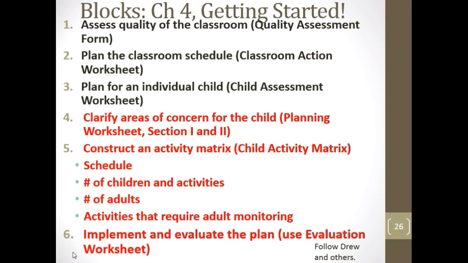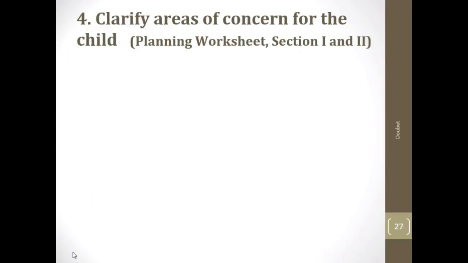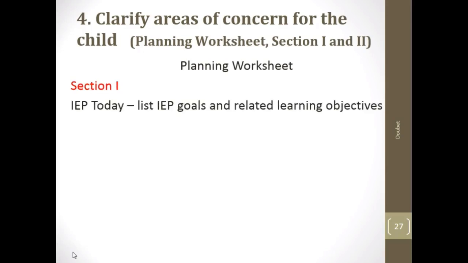So we're moving forward. And remember also that as we move on in the semester, we will actually be learning about each one of these steps in depth. We're just kind of getting started here, getting an overview of the steps. So in order to clarify areas of concern for the child, we're going to use a planning worksheet. And section 1, let's see, what page is that on in your book?